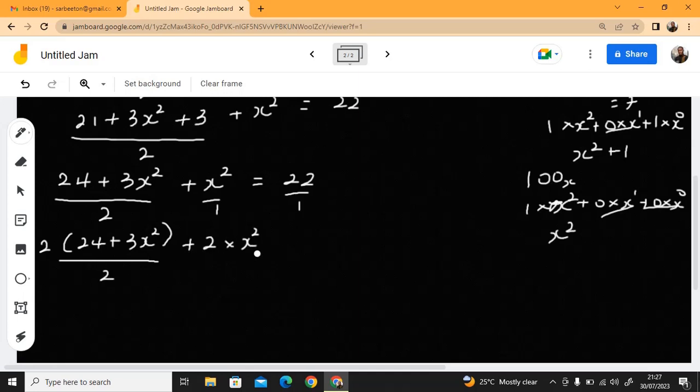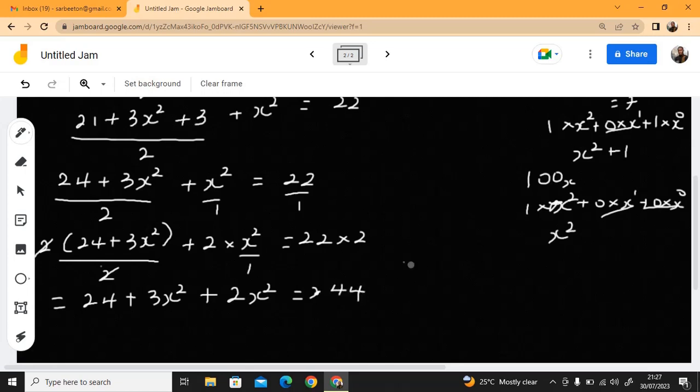Now I told you that I want to multiply each of them by 1 equals to 22 times 2. Now this 2, we cancel this 2, right? So we now have 24 plus 3x squared plus 2 times x squared is 2x squared equals to 2 times 22, that is 44. We can proceed further.